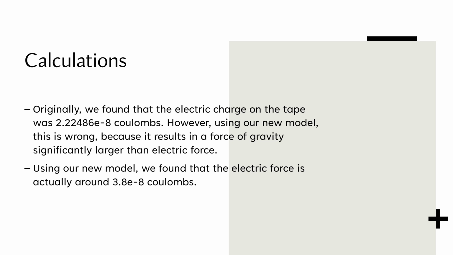So in our new model we found that the charge is actually 3.8 times 10 to the negative 8 coulombs, and we found that just by adjusting it until the arrows were equal in magnitude.